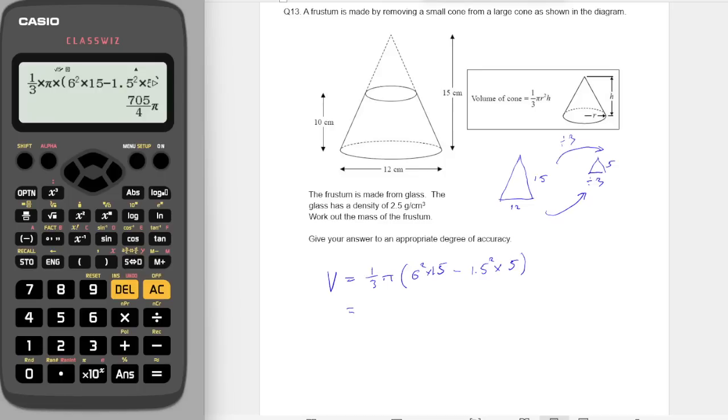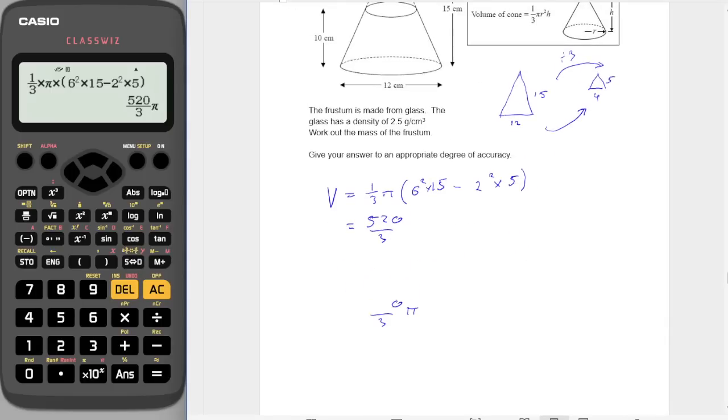That looks a bit too messy. So here's my mistake. That was 4, so that should be 2. Silly mistake, so let's just change that, 1.5 to 2. That looks slightly better. So 520 over 3 pi. Right, so we've got the volume of the frustum now.